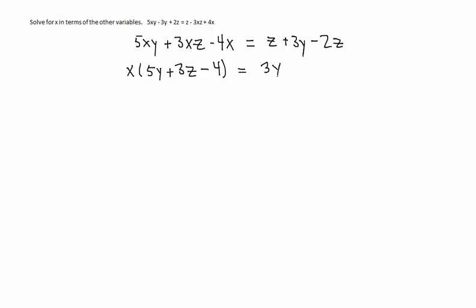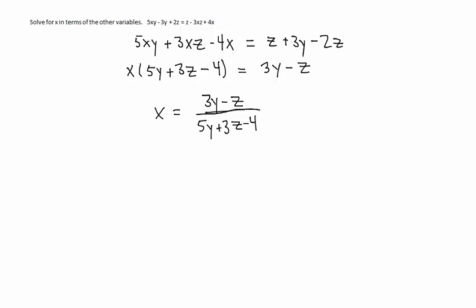So 3y minus z. And now we need to divide 3y minus z by 5y plus 3z minus 4 to solve for x. So x is equal to 3y minus z divided by 5y plus 3z minus 4.